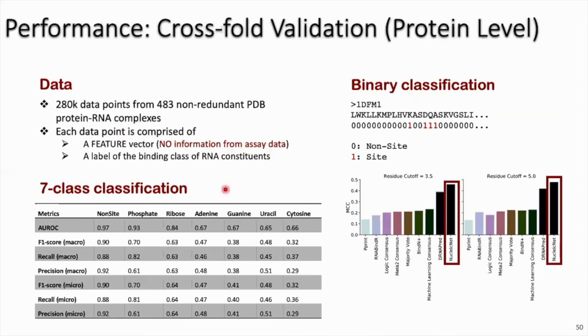Regarding the 7-class classification, since our method is the first method to perform such a high-resolution prediction, we list the result here. But we still want to compare our method against the other methods. So we merge those 6 different chemical groups into one class, that is, those grid points at the binding site.